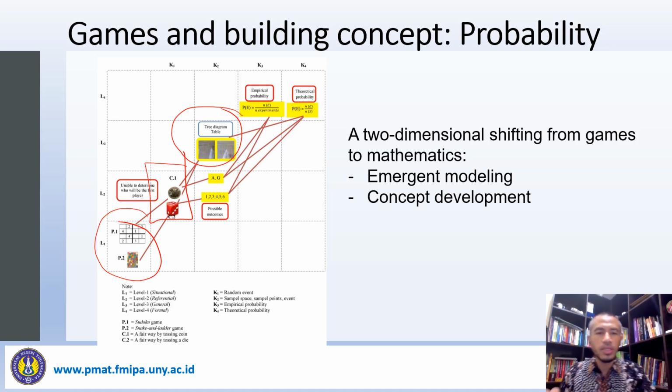How we can use the games to introduce a sequence of concepts from random event, sample points, sample space, empirical probability, and lastly theoretical probability. So it shows that the game is promising. It has big potential to introduce mathematical concepts.